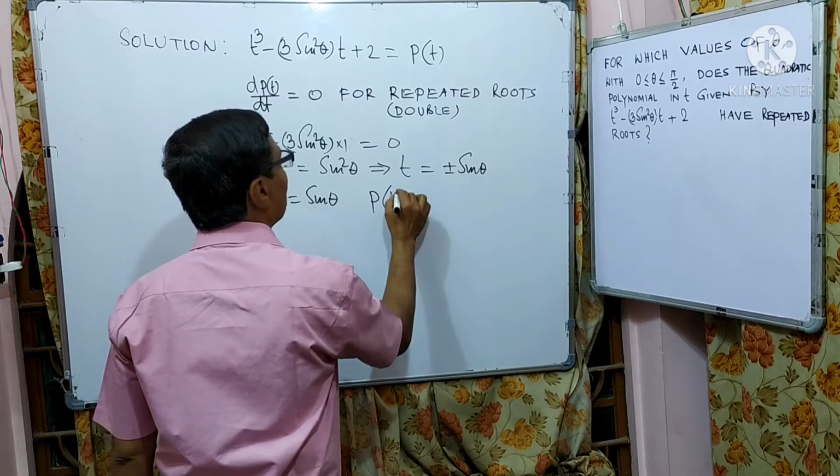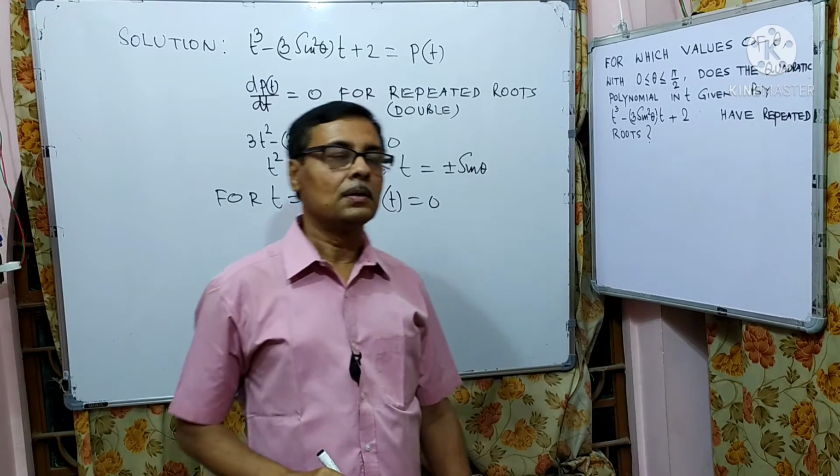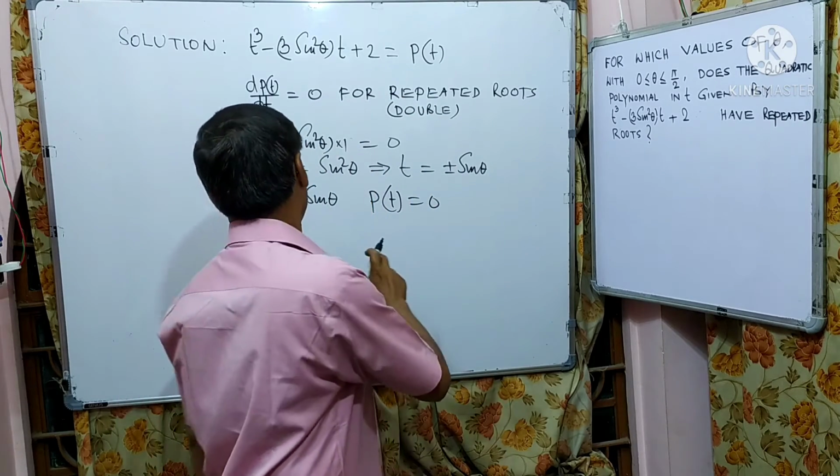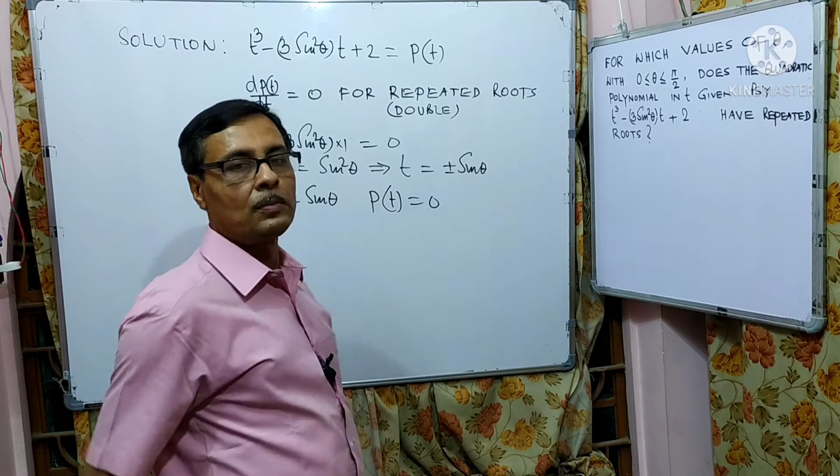p of t is also 0, because this is a root. t equal to sin theta is a root, so at the value of t equal to sin theta, the polynomial is 0.